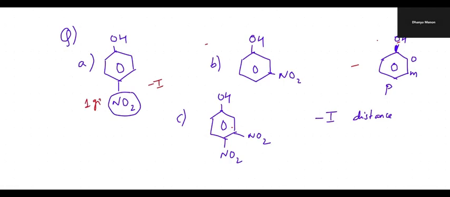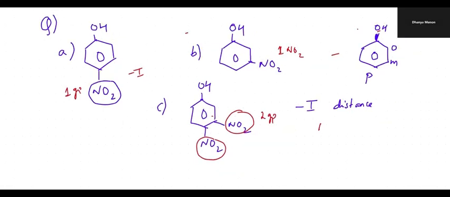Here also one NO2 group present. Here there are two groups present. Now here, please remember one piece of information: the NO2 or minus I effect group is in para position.